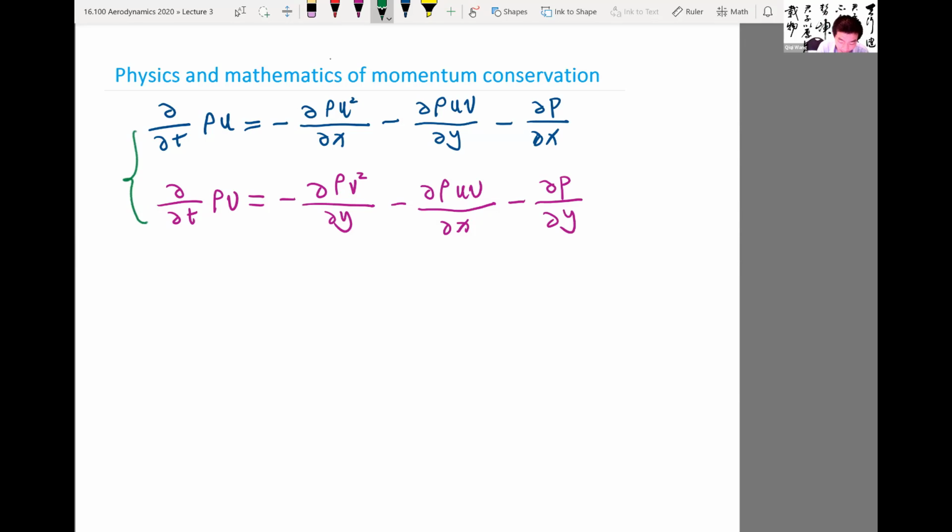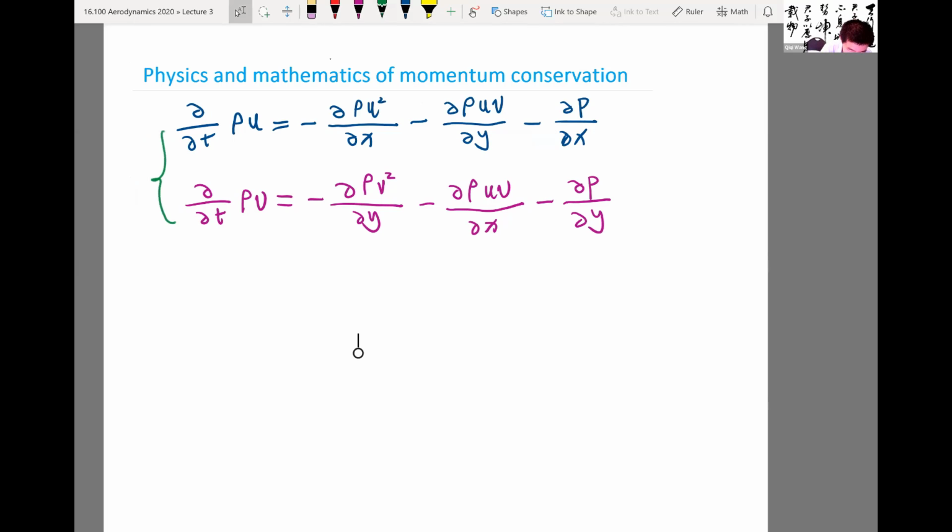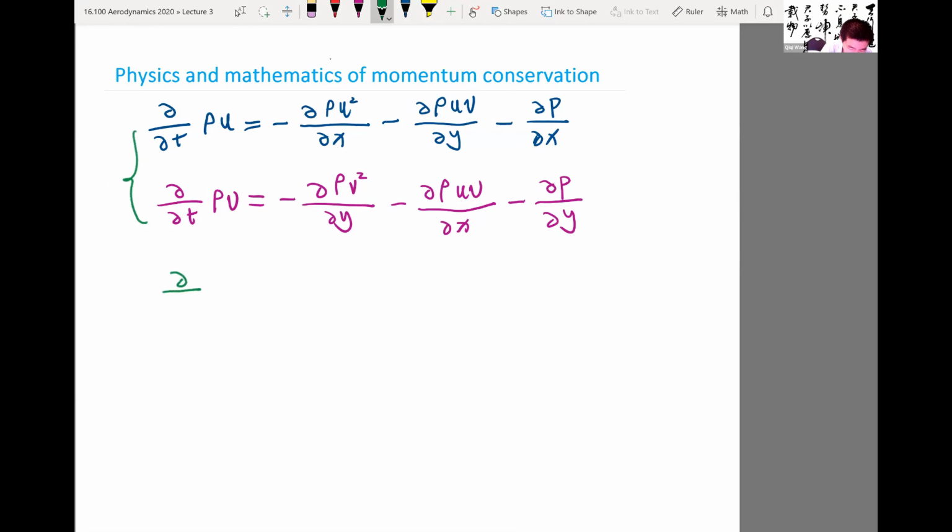Specifically, if you look at these two equations as the two components of a vector equation, you can write it in the vector form of d dt of rho vector v, right? Where we consider this vector v just as u and v, the two components of velocity. That can be written as a pretty interesting form.